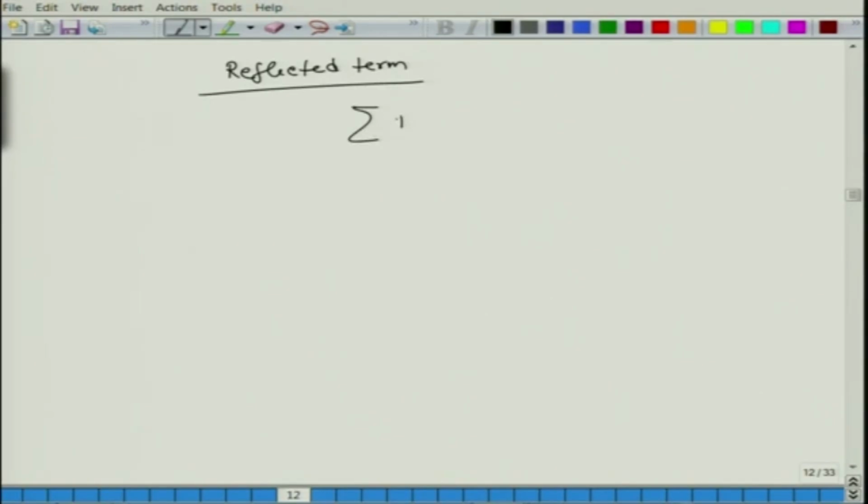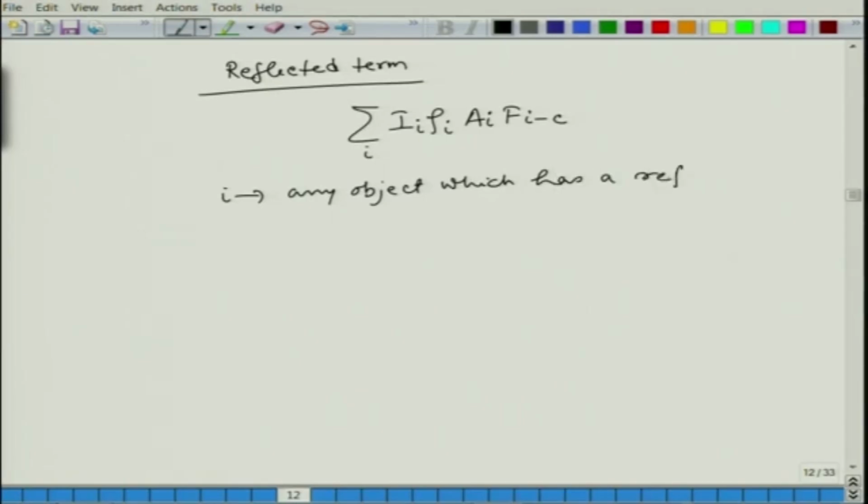So, this is rho I A I F I dash C, and summation is over I. So, I is any object which has a reflected radiation coming to the collector. Okay. So, it is getting reflected from that object I and that coming to the collector.